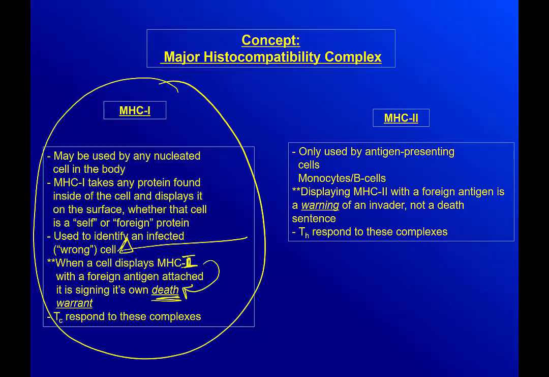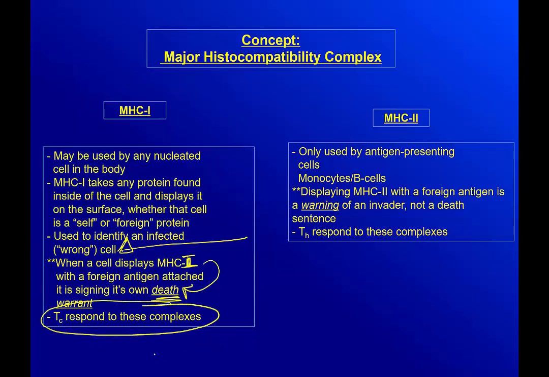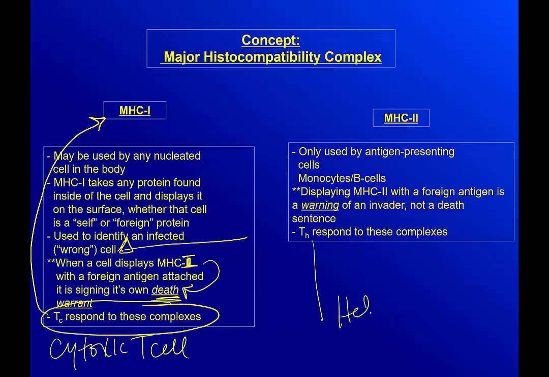I am telling you that I am full of virus. You need to kill me. And the cytotoxic T cell is the one that comes in and kills this infected cell, because cytotoxic T cells are the ones that recognize MHC1. Again, these are my notes, so T sub C is the cytotoxic T cell. T sub H is the helper T cell.